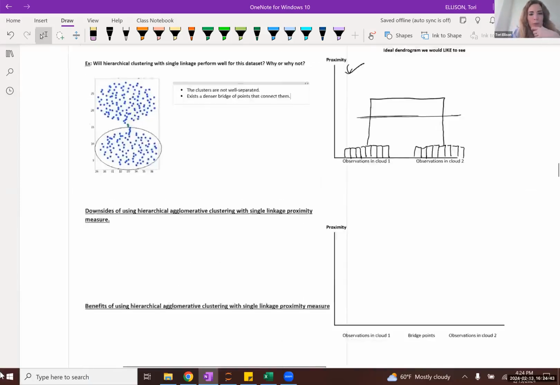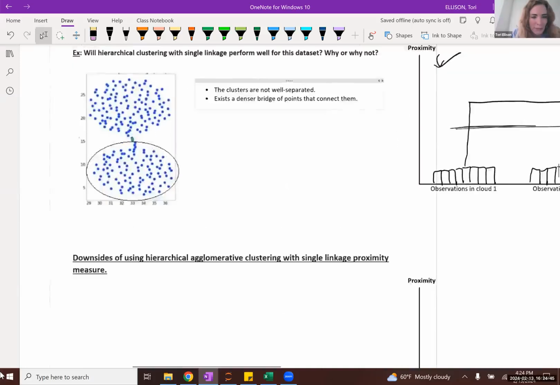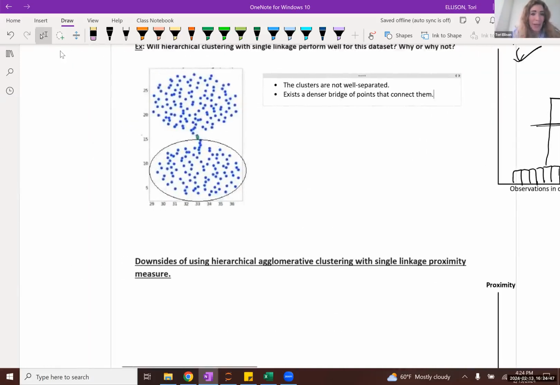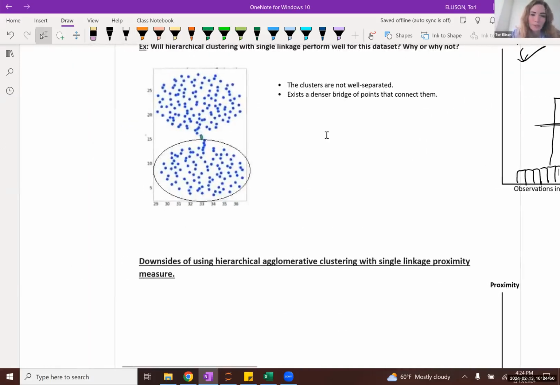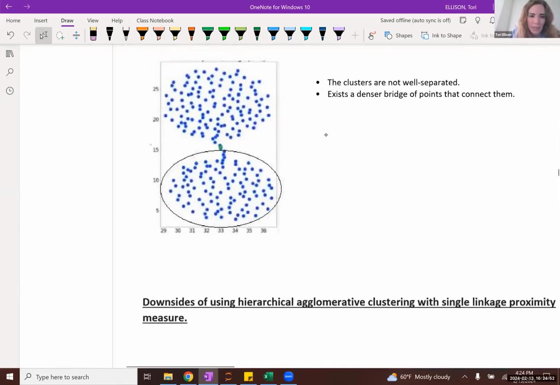So we want to remember that by using single linkage, what's going to end up happening is that an observation or a set of clusters will link up to the closest cluster to them based on the two closest points.